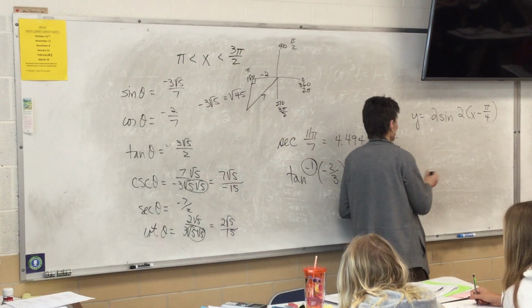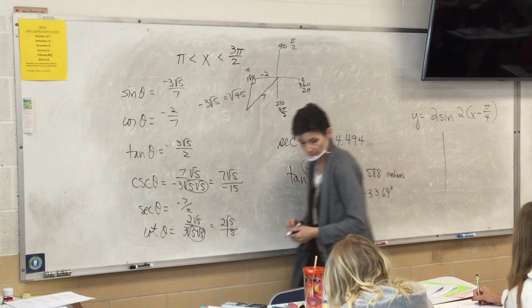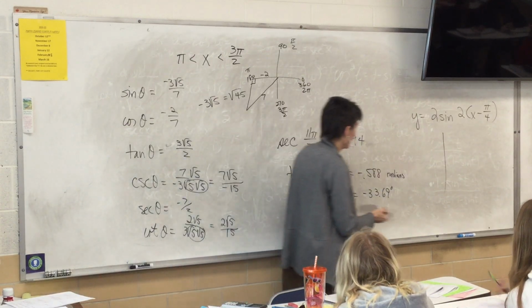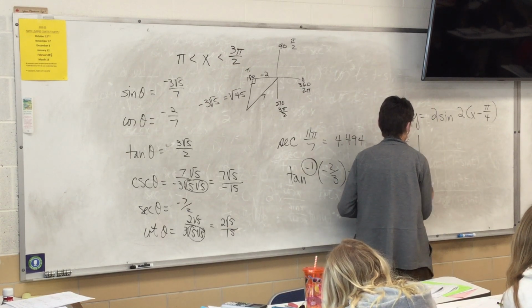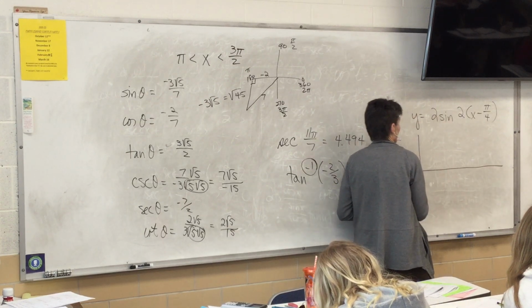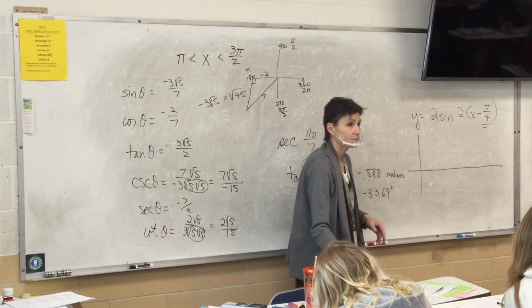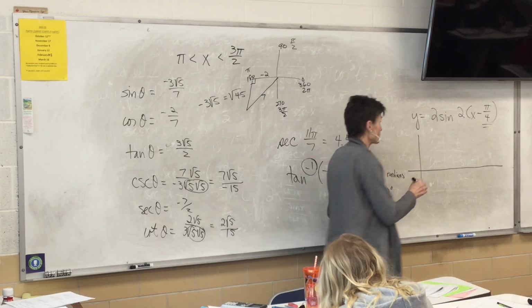All right, so it looks like it's ready to go. Give myself a little more room to work here. What does this tell me? What position? The phase shift, the horizontal shift, where my curve is starting.